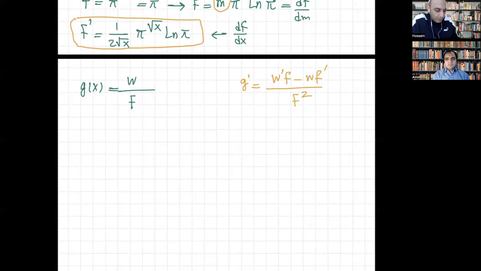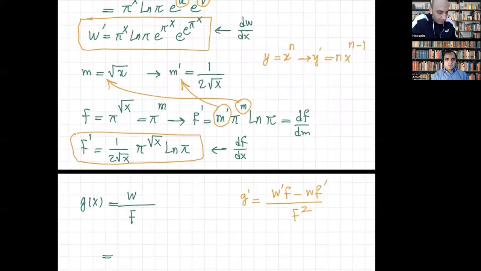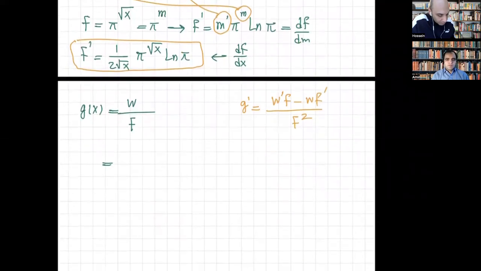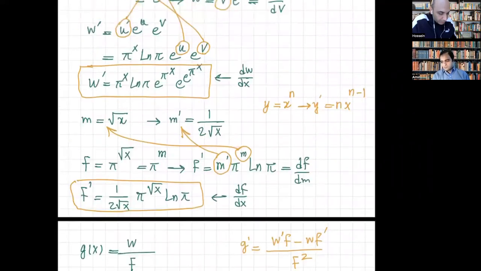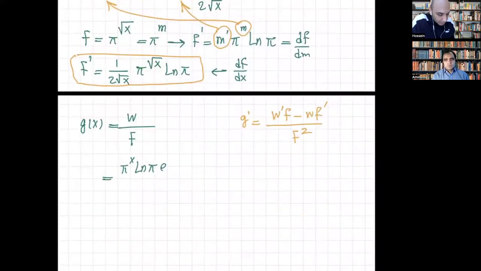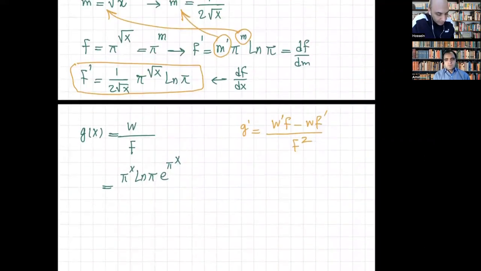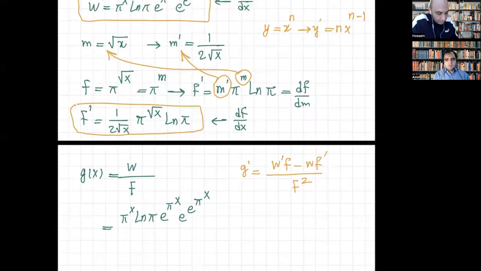So if I use this here, I have w prime up here: pi to the x ln of pi, and then e to the pi to the x.